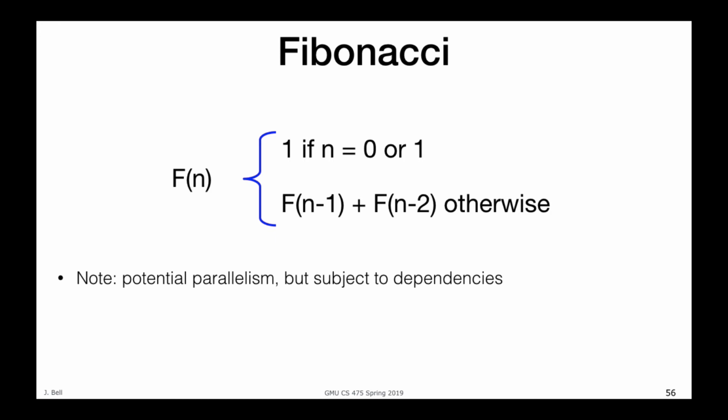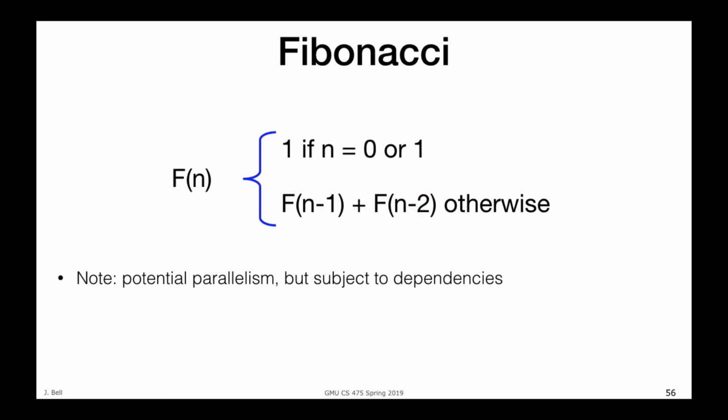So remember that Fibonacci sequences have this dependency structure where we can recursively define the Fibonacci number for some given number n as 1 if n is 0 or 1. And if not, it becomes recursive. So it becomes the Fibonacci number of n minus 1 plus the Fibonacci number of n minus 2.